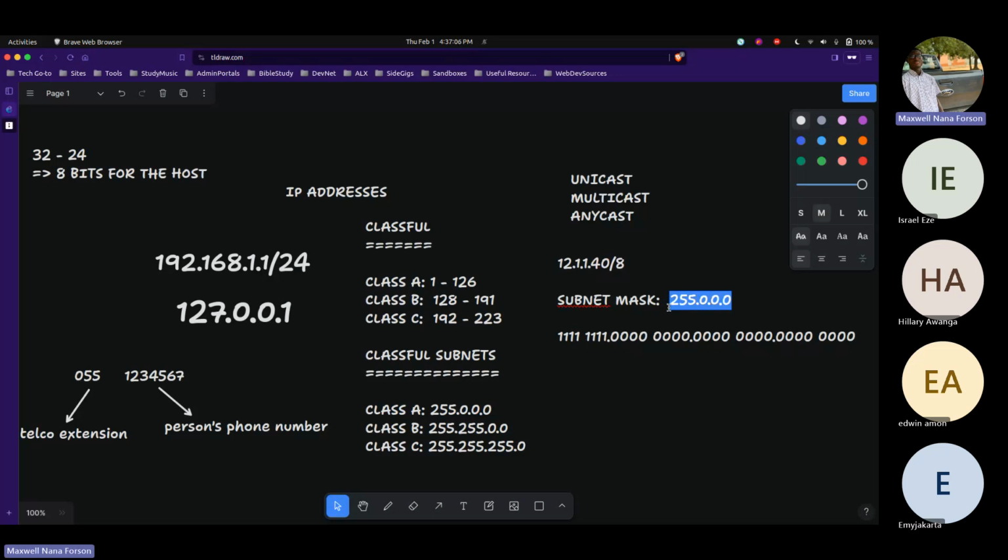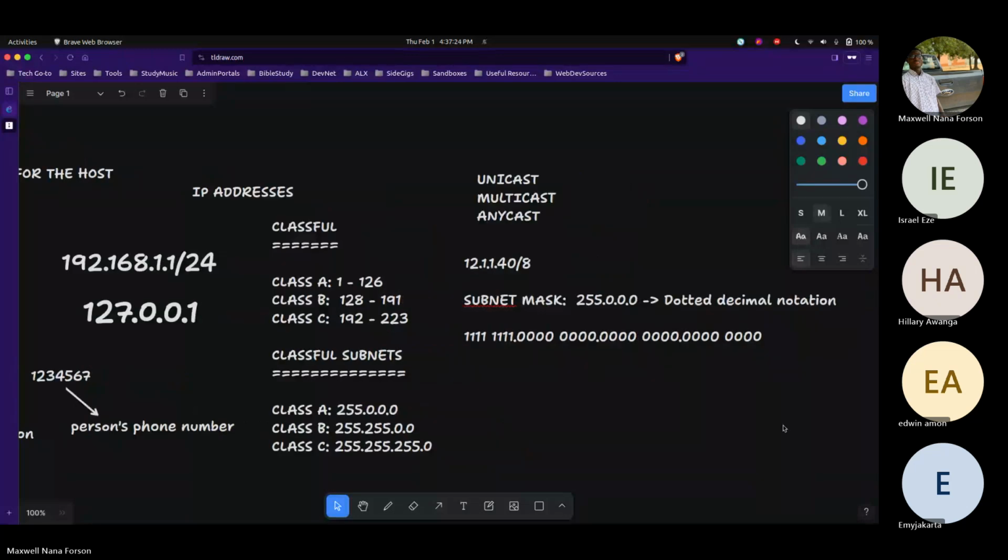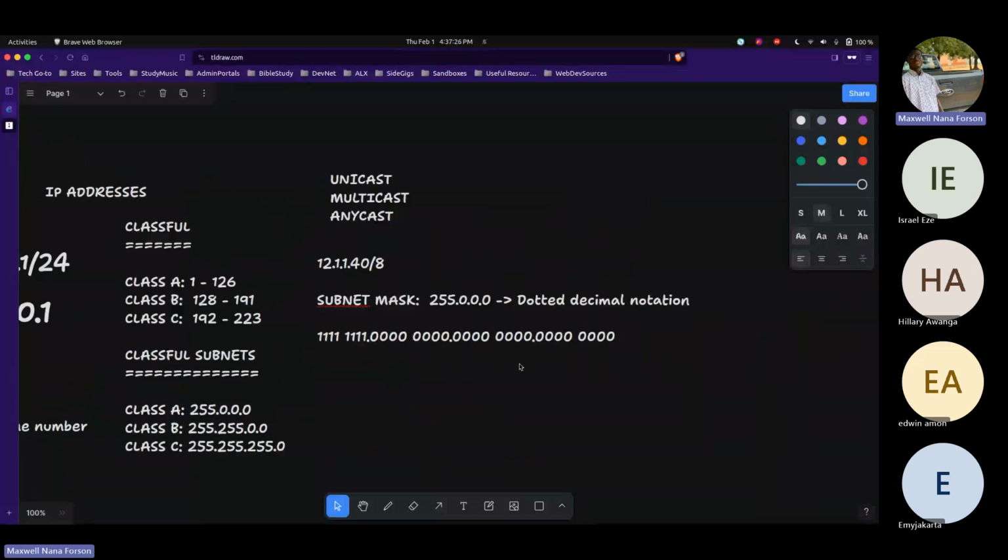So that's a way that we can represent it, either in this subnet mask notation, which we call the dotted decimal notation, right? That's what we call this one.